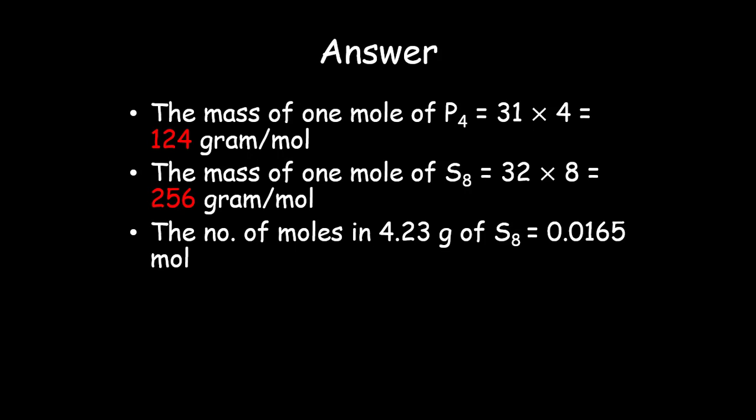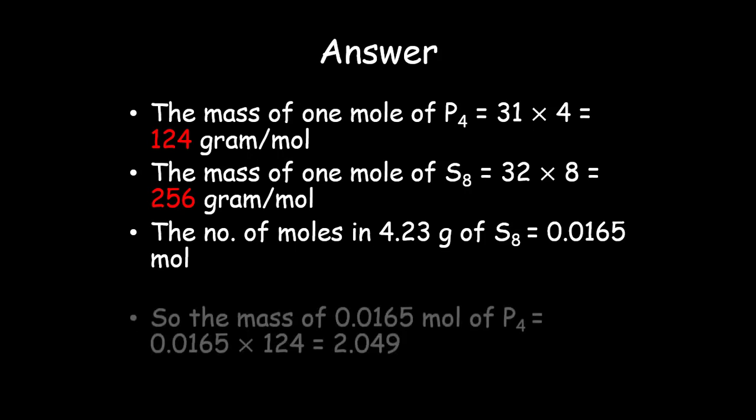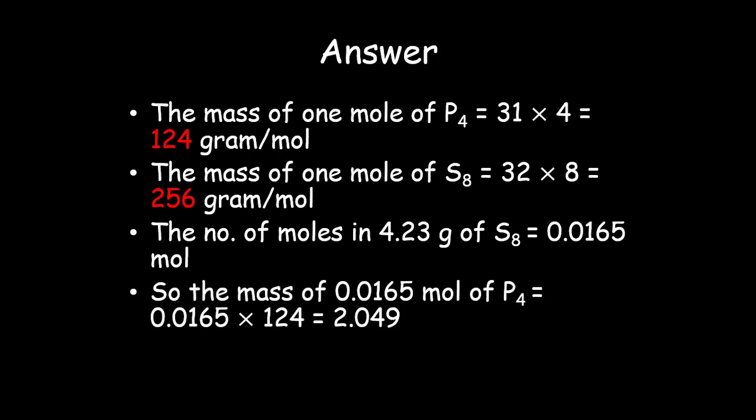We divided 4.23 over 256 in order to get this number. So the mass of 0.0165 mole of P4 equals 0.0165 times 124 equals 2.049 grams. The closest answer is A.